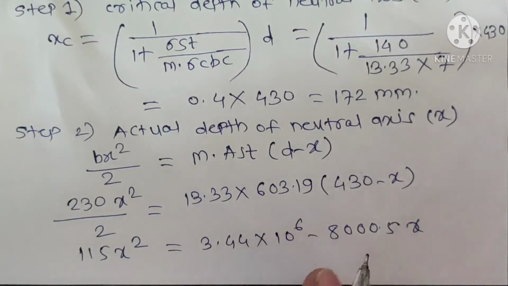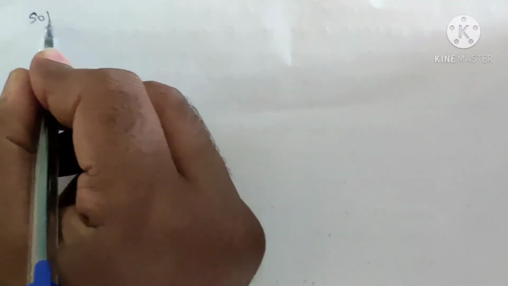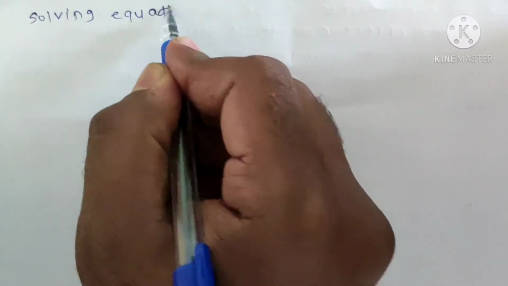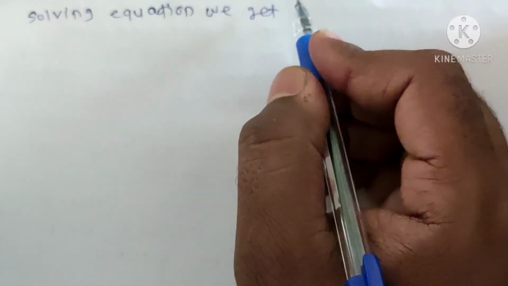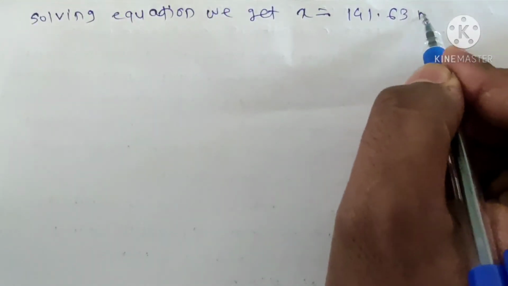Then 115 x square plus 8000.5 x minus 3.44 into 10 raised to 6 is equal to 0. Then solving the equation, we get x is equal to 141.63 mm.